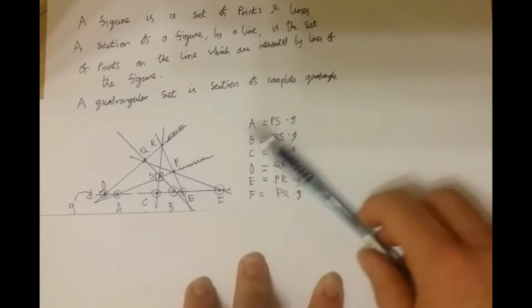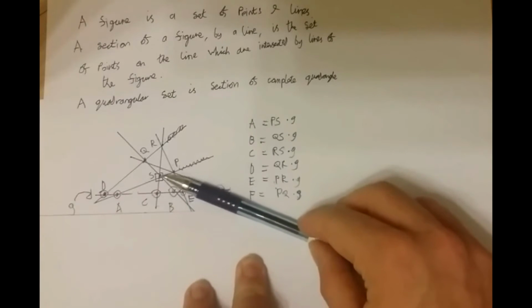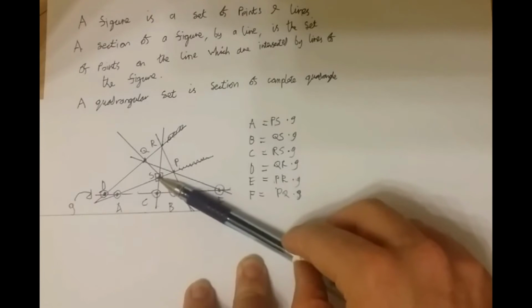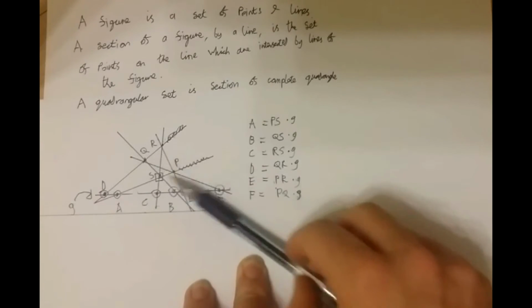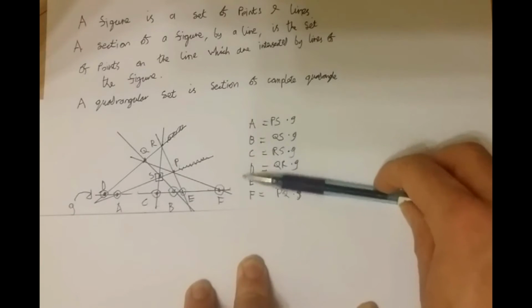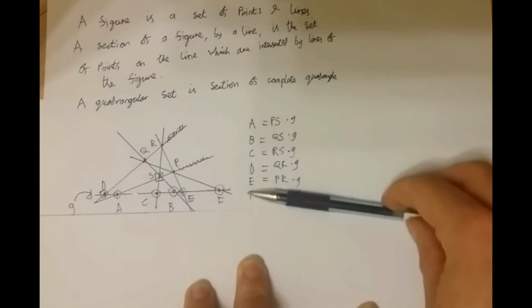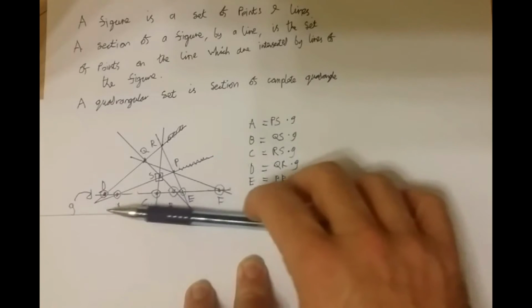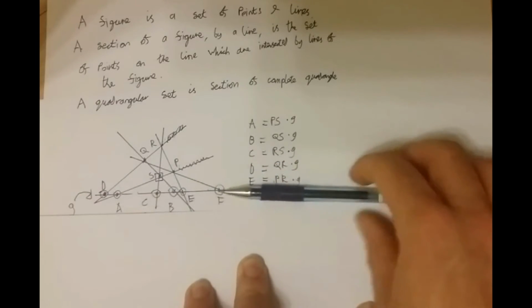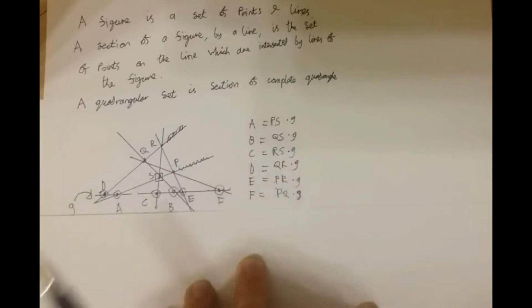The convention is that we pick the last alphabetic letter of the quadrangle, S, we look at all the lines through it in alphabetical order to get A, B and C, and then we get D, E and F by looking at the opposite edges and how all those edges intersect our line G upon which our quadrangular set is generated.